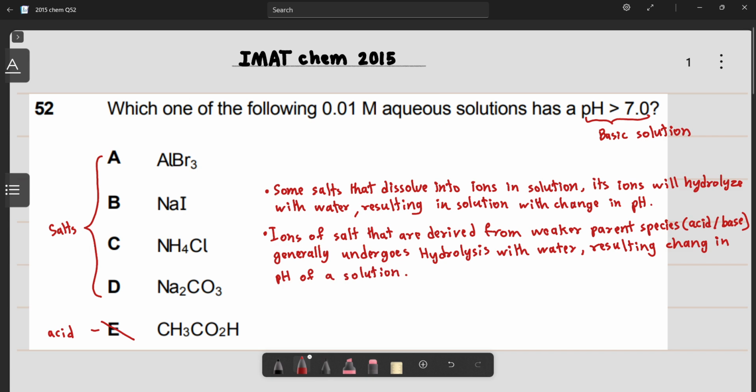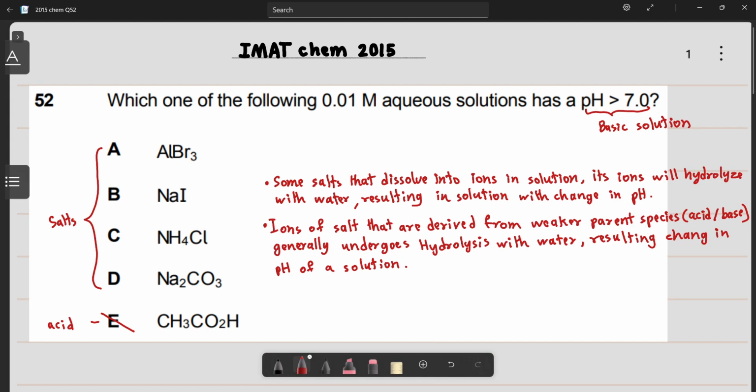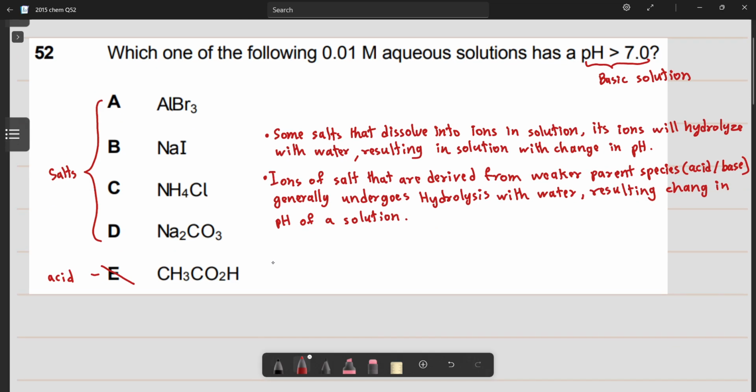Using this rule, we must determine the specific parent acid or base for these salts, because we know that an acid reacting with a base generally forms a salt plus water.